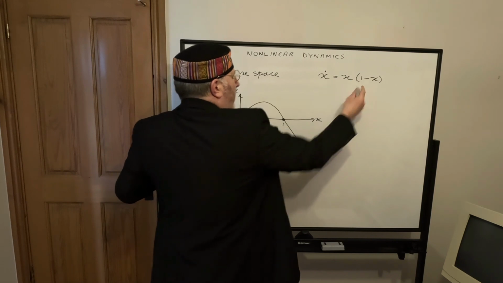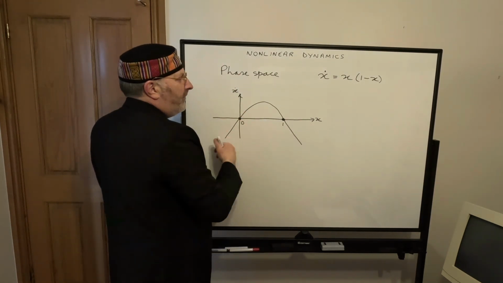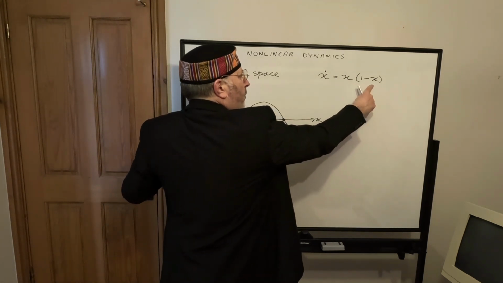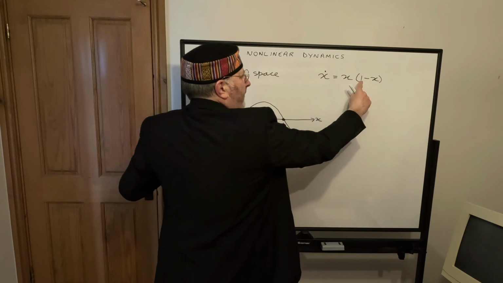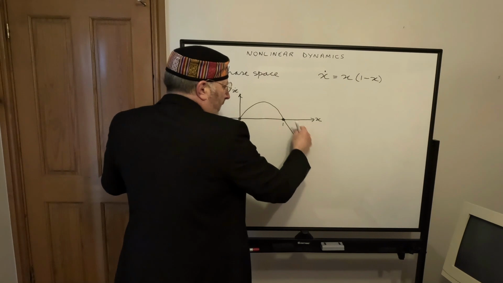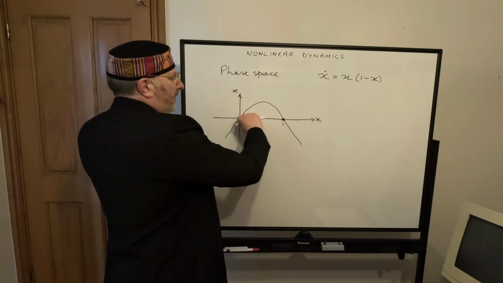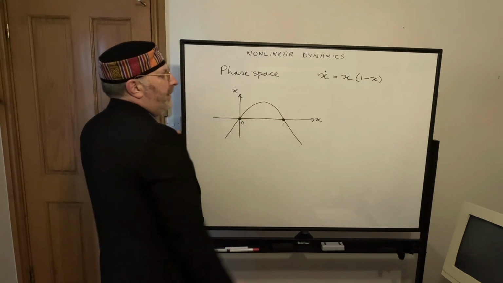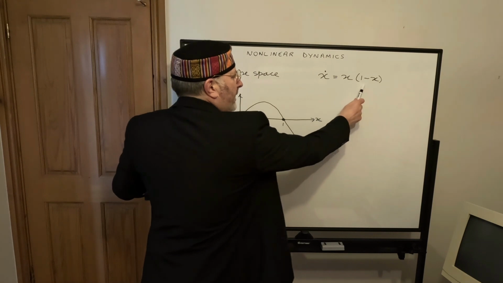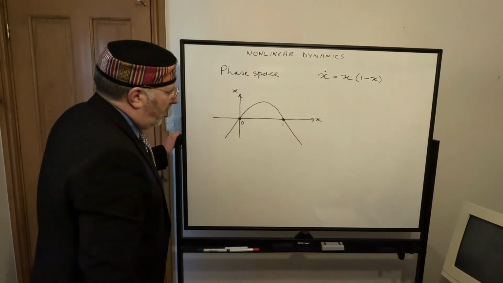So it's a negative times a positive, so it will be negative. So it's always negative below 0. And similarly, if x is greater than 1, that will be positive, but 1 minus a number greater than 1 will be negative. So again, x dot is going to be negative. But between 0 and 1, x dot will be positive. And in fact, it reaches its maximum when x equals 1 minus x, which is at x equals a half, halfway between.